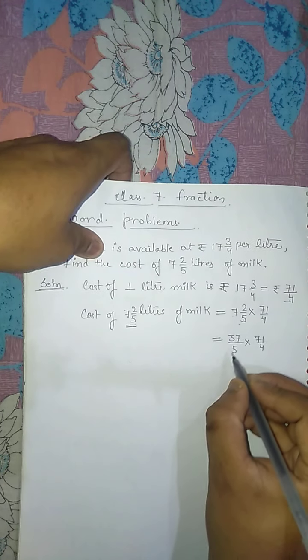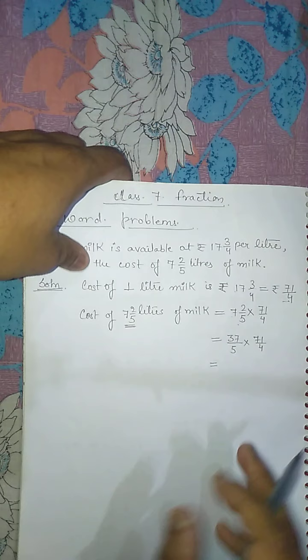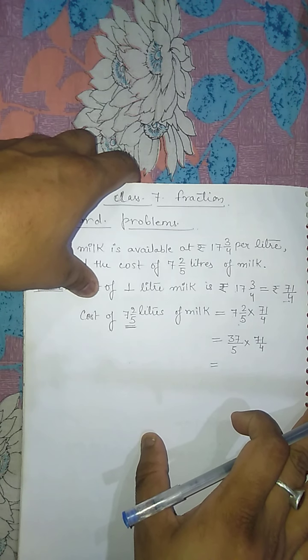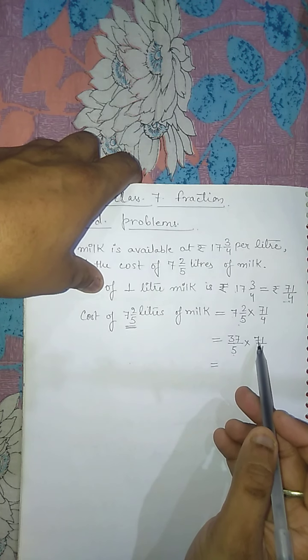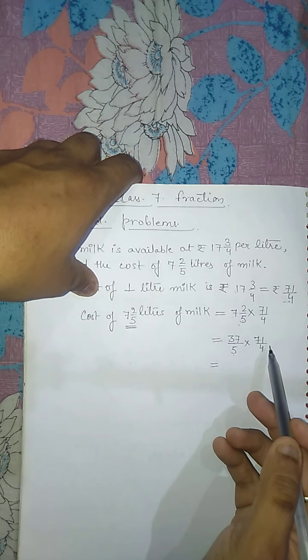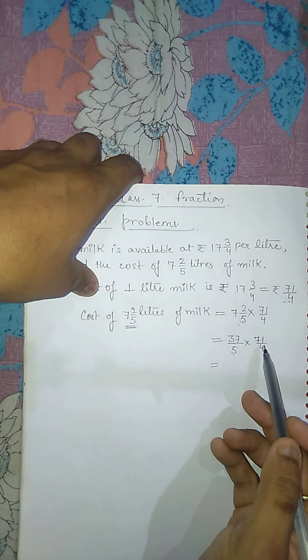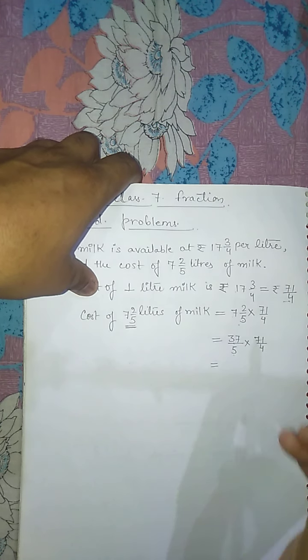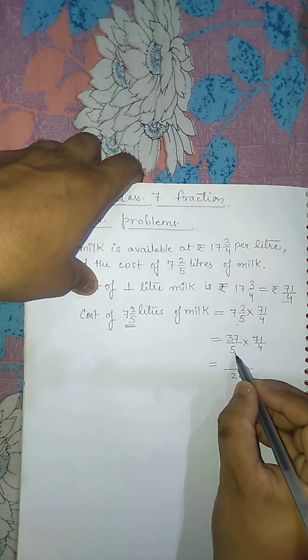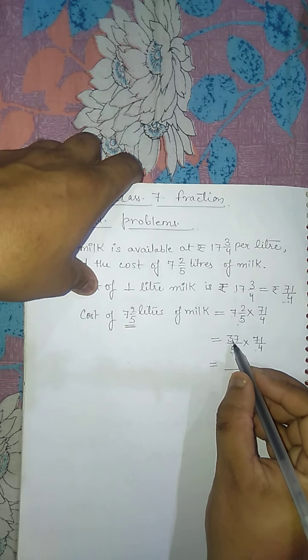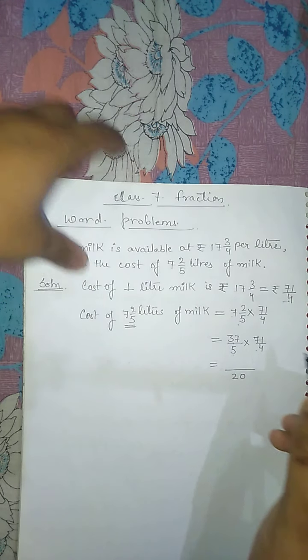Okay. Now if you see here, no cancellation is possible, because 37 is a prime number, 5 is a prime number, and 71 is a prime number. So no cancellation is possible. So just multiply the numerators and the denominators. 5 into 4, 20, and 37 into 71.